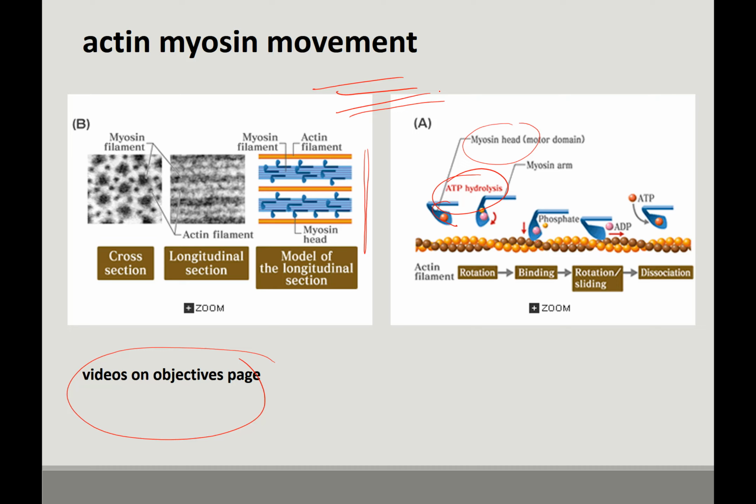These videos are really good at explaining the motion of the actin-myosin sliding filament model and explaining some of the cell signaling. We're just touching on cell signaling in this chapter, but when we get into Unit 4, we're going to talk a lot about it, and we're going to come back to muscle movement.